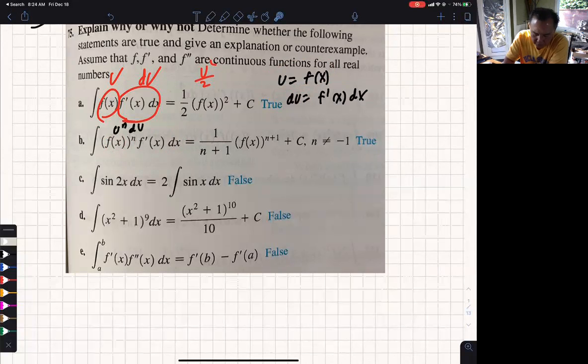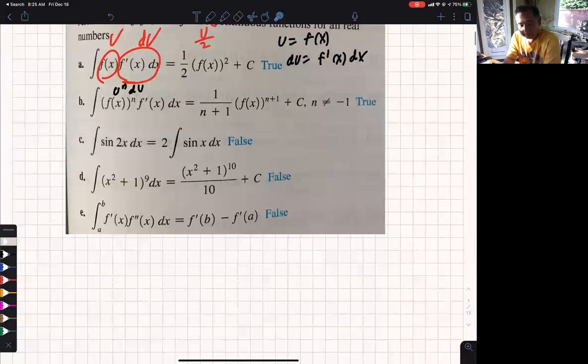What's the power rule? You add 1 to the exponent, so it becomes n plus 1, and you divide by that n plus 1. And so that one also is a pretty straightforward u sub. It just looks different because instead of having the actual function, they just give you f of x. So you can just treat the f of x as your function and just do your normal u sub on those.